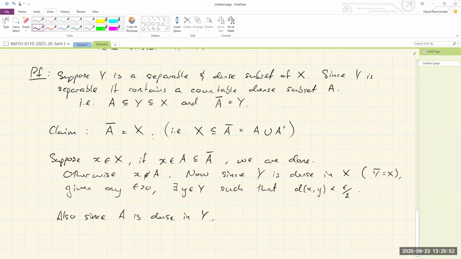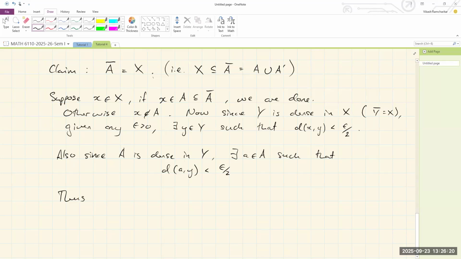Since A is dense in Y, if you give me any point of Y, there exists a point in A such that this point is arbitrarily close to the point in Y, such that the distance between a and y is again arbitrarily close, and I'll take it to be epsilon over 2.